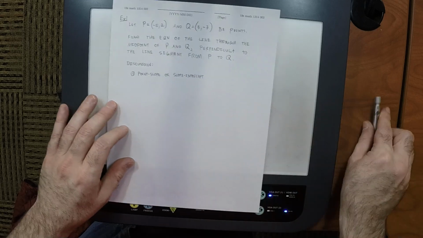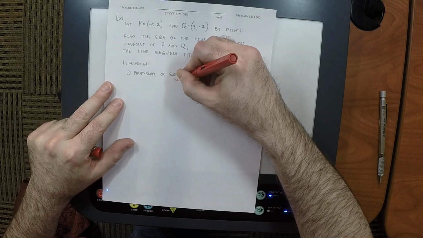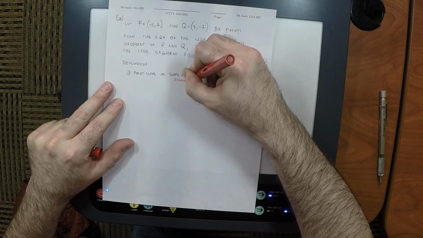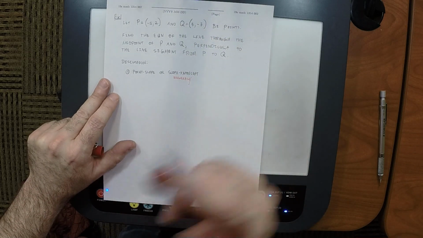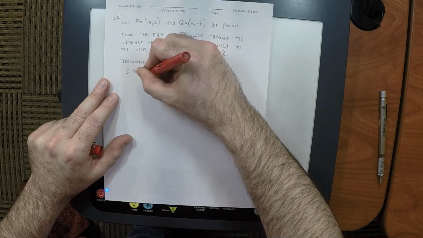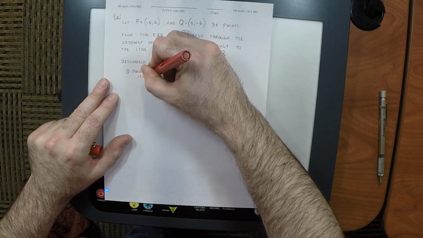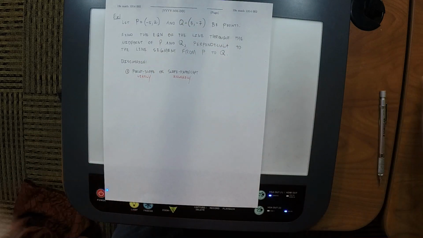It's not impossible, but it's unlikely. And because there's only two possibilities, more or less, that means that this one is quite likely. So we're probably going to use that formula.